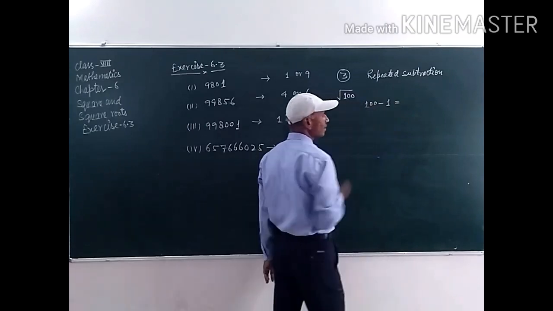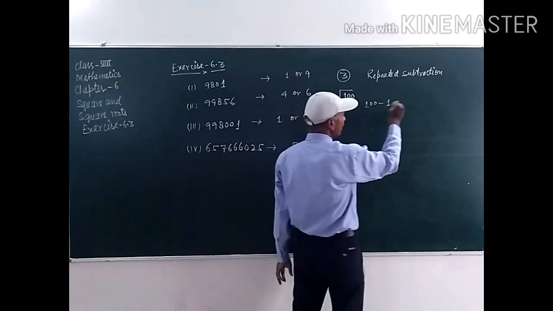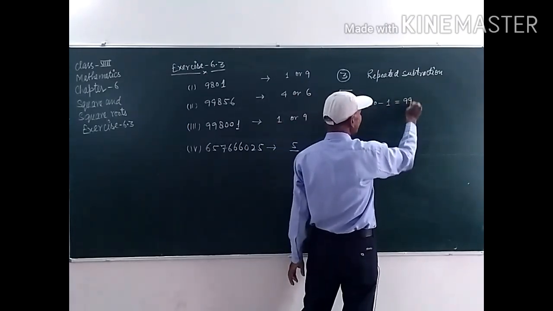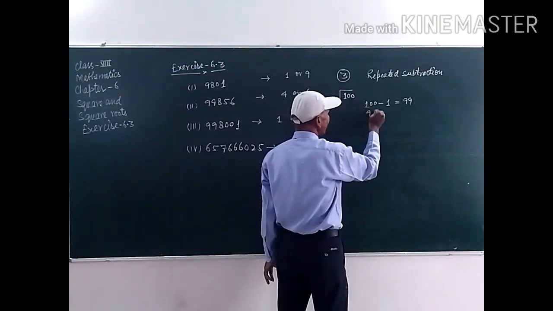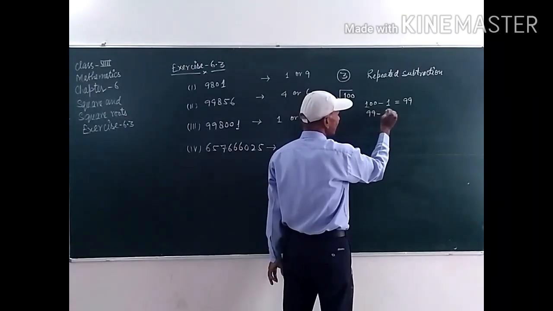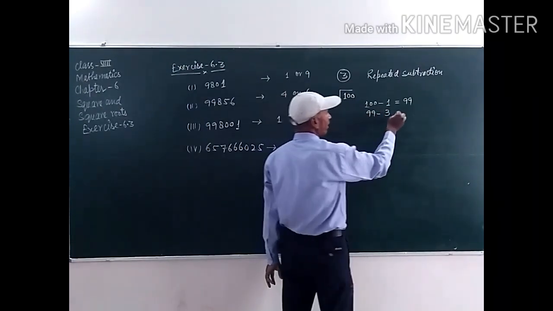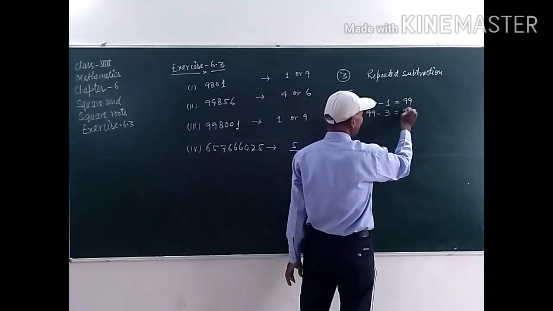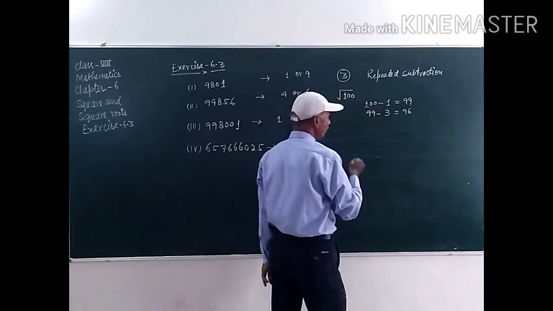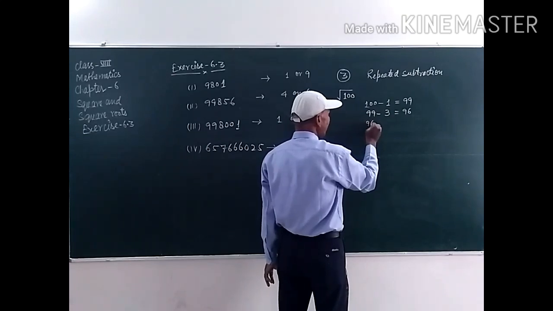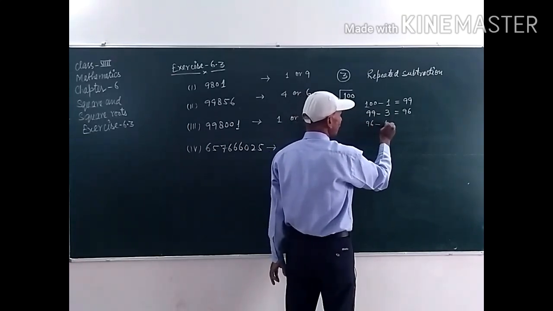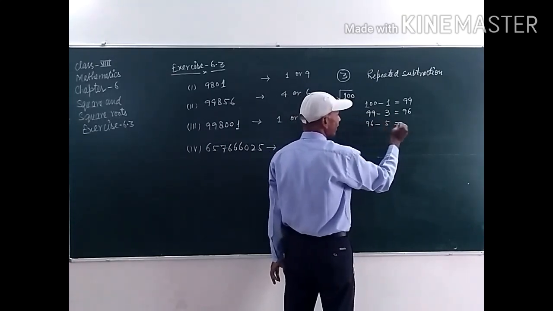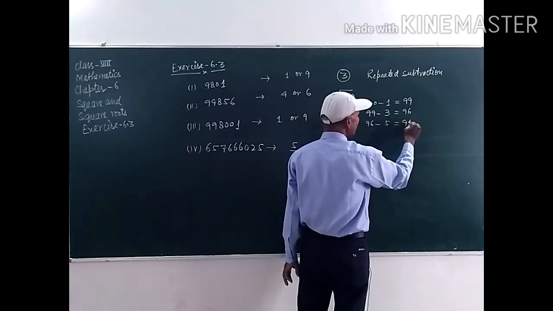That is the first odd number, student. So it will be 99. Again 99 minus 3, second odd number. So it will be 96. 96 minus 5, that is the third odd number. So it will be 91.